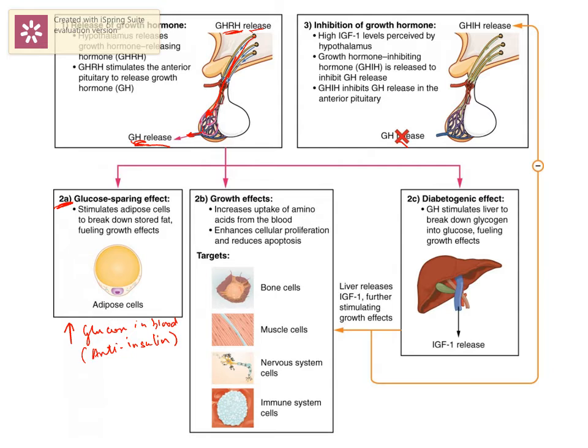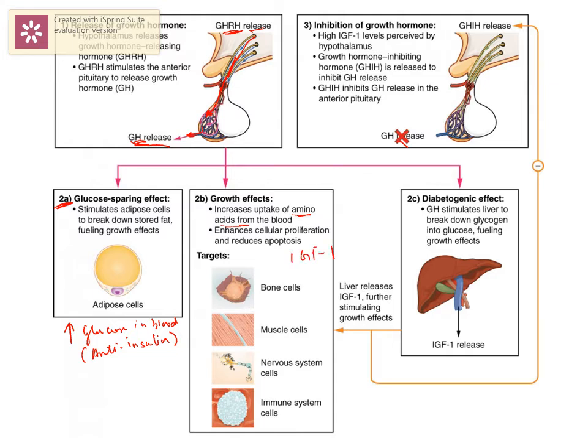Okay, so in the presence of growth hormone, cells take up more fatty acids and amino acids instead of glucose. All right, so the other function of this hormone is to enhance amino acid uptake and to increase cell proliferation. Okay, so it promotes the division of cells in the presence of a growth factor known as IGF-1.